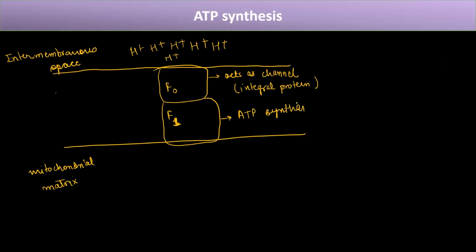Now we can see that ATP synthase is here, which means ATP synthesis will take place here only. This F1 particle is extrinsic. I have drawn it a little incorrectly. It should be extrinsic, so it is mostly located outside, with some part between the membrane.